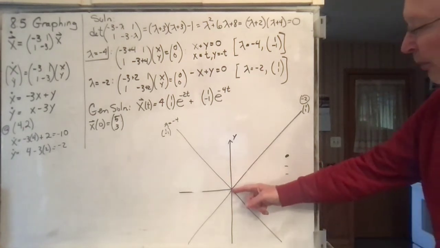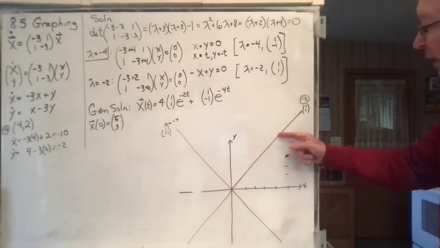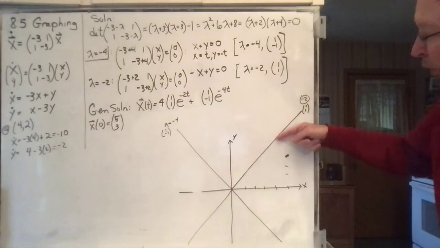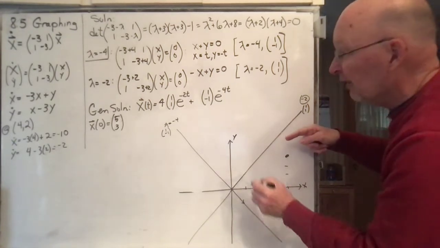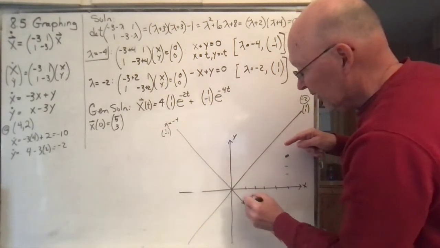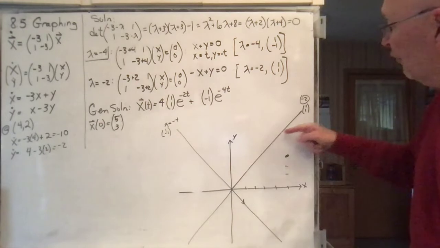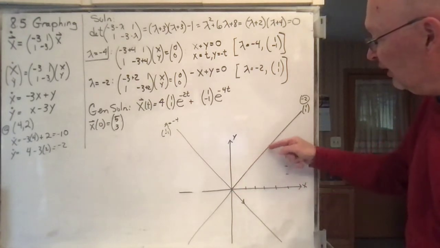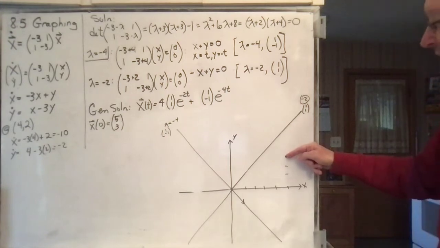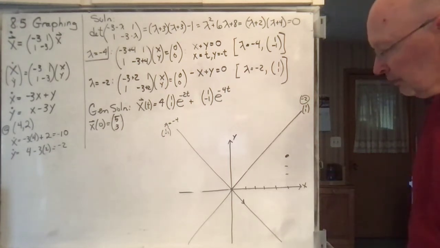The point is you move parallel to this one, and then you move parallel to this one, so it's 4 of these plus one of these. This is the vector 1, -1. See that? There's the vector right there. So 4, 1, 2, 3, 4, and then 1 vector there, and you end up at 5, 3. So there's where you end up.